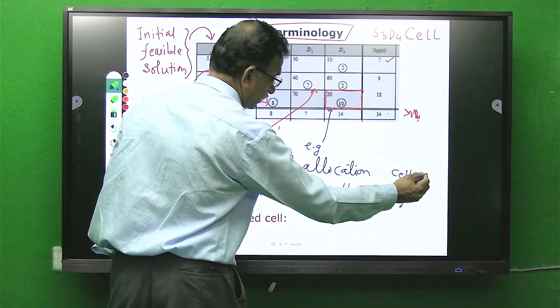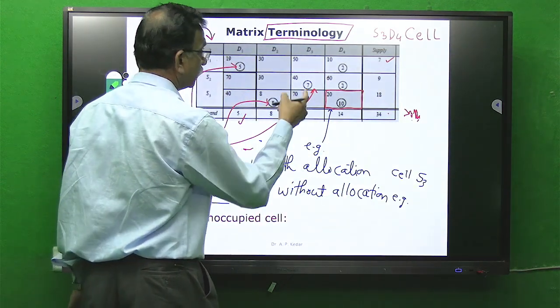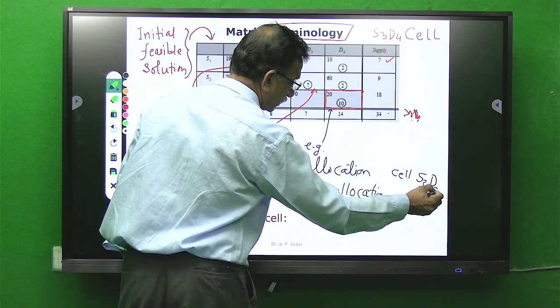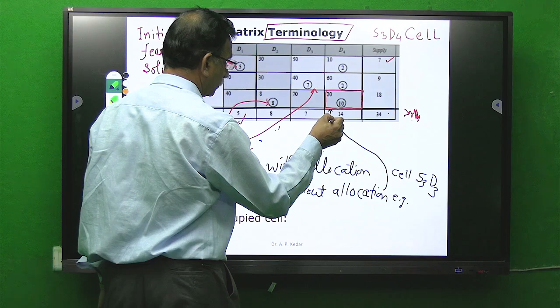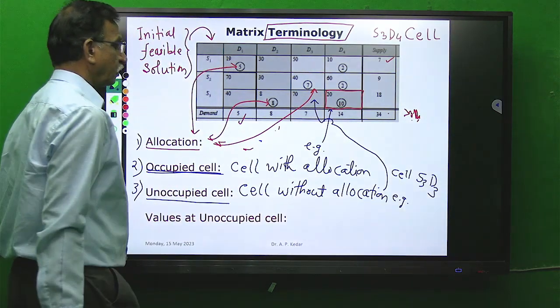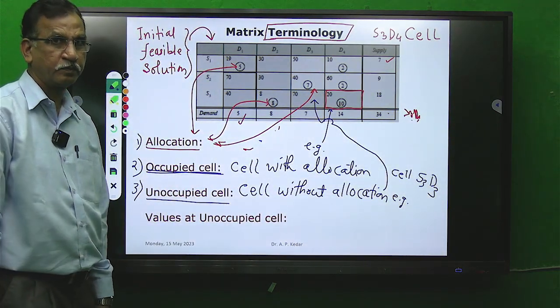Cell S3D3 is representing an unoccupied cell.